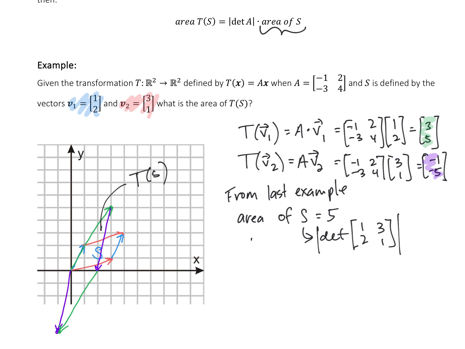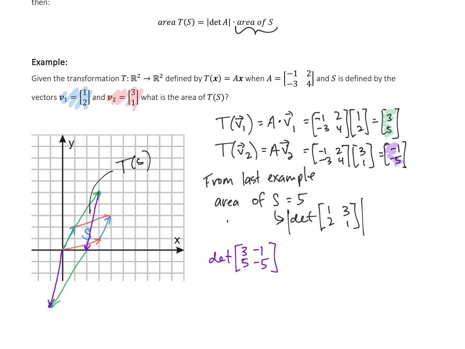And the area of that is the determinant of our new matrix, 3, 5, -1, -5. So 3 times -5, and absolute value.